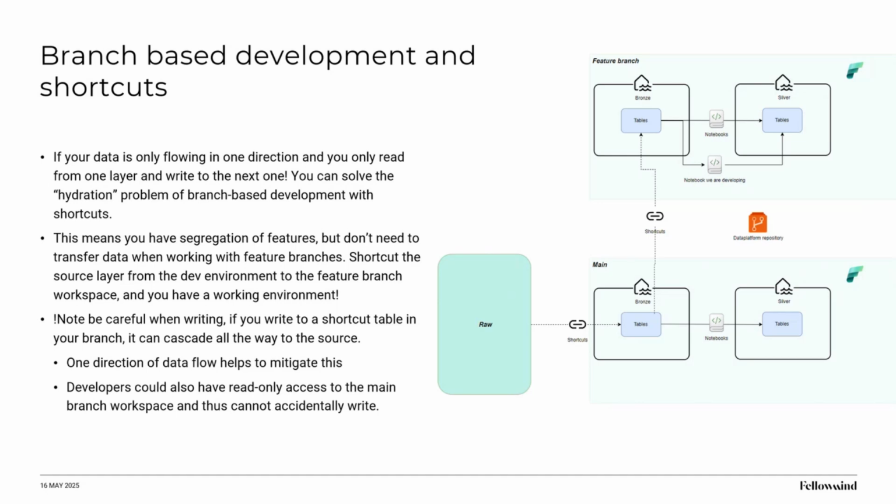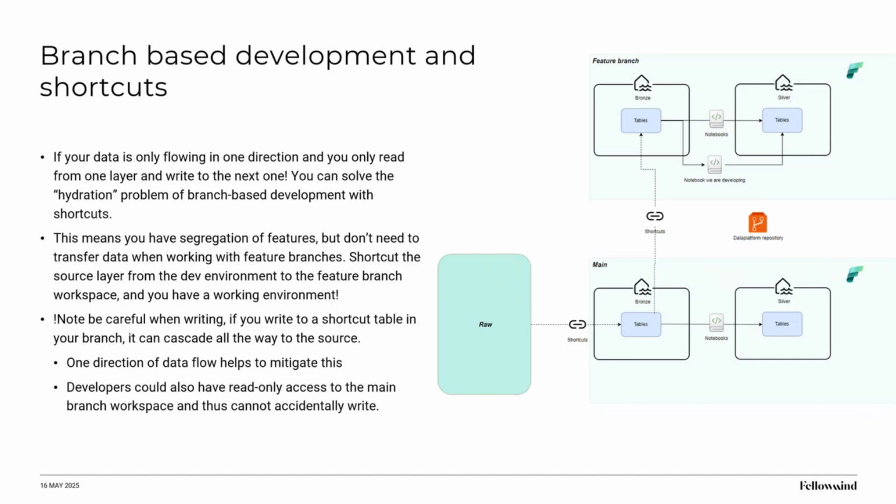The problem here is that if you create a lakehouse, nothing comes with it, so there is no data or anything, and you want to develop on top of data. So this is what you could use here. Let's say we make a notebook on our development branch that is reading from the bronze layer, and now we have an empty bronze layer.